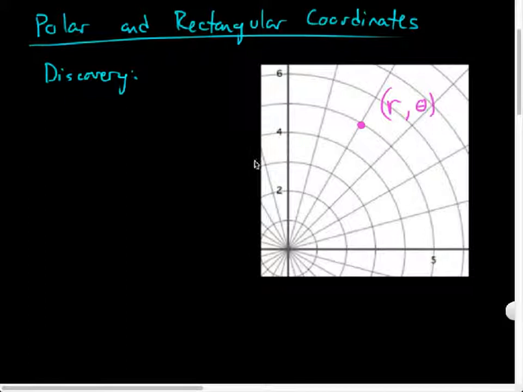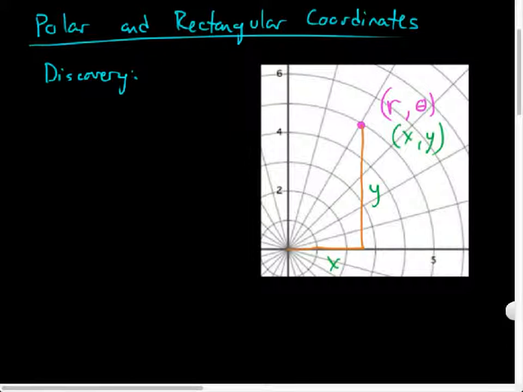So if I could find this and this, that would be my x and y, for the rectangular location of that point. So rectangularly speaking, this would be my x, this would be my y, and the point would also be x comma y. So I want to figure out a relationship that converts from r theta to x, y.